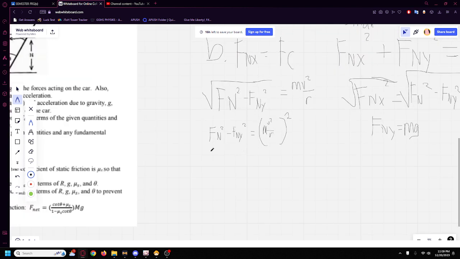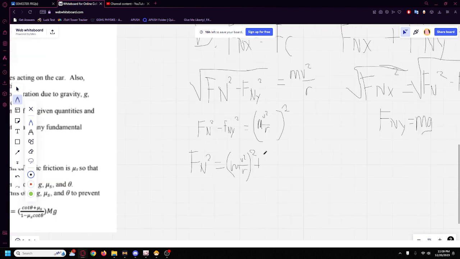F_N y is the same thing as mg, so we can write F_N squared is, I'm going to add F_N y squared, which is the same thing as mg, so we write mg squared.